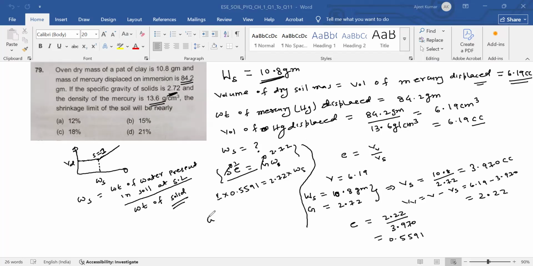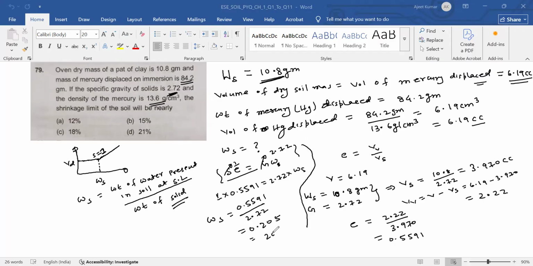So from here, w is equal to 0.5591 divided by 2.72, which is 0.205.